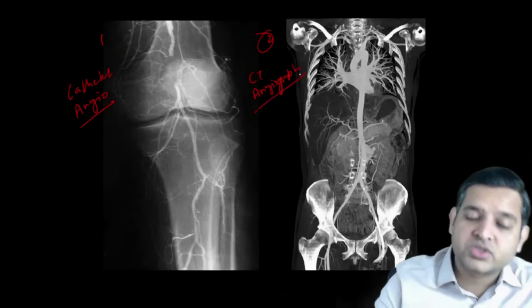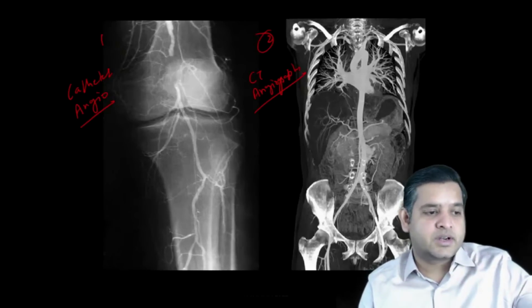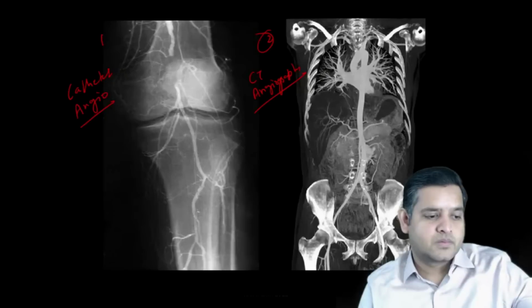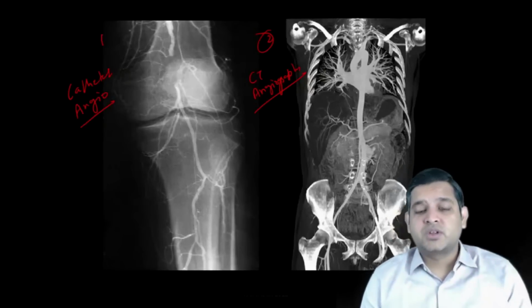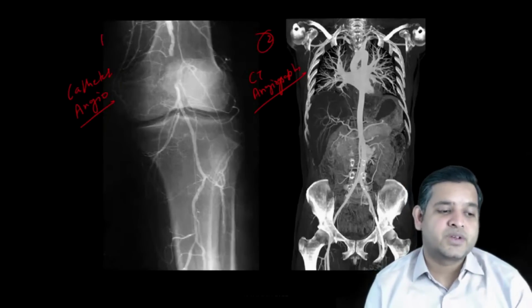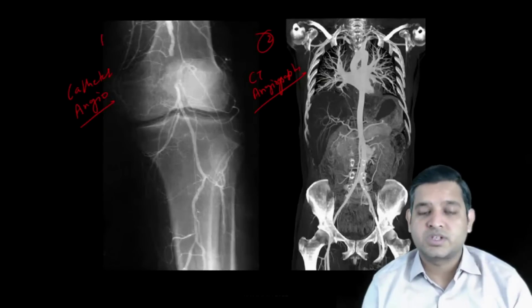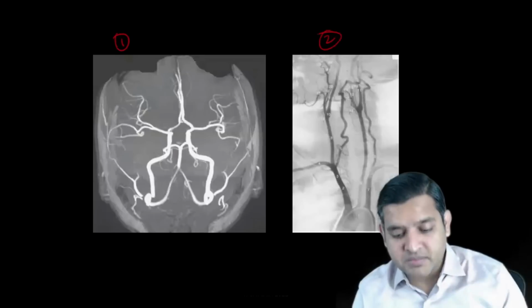If you are seeing an angiography on a background of an X-ray, that is a radiograph. If you are seeing an angiography on the background of the CT scan, this is a CT angiography.